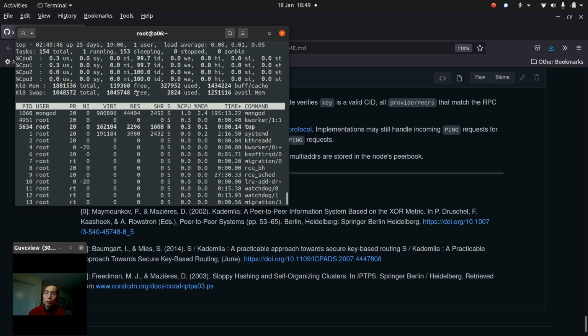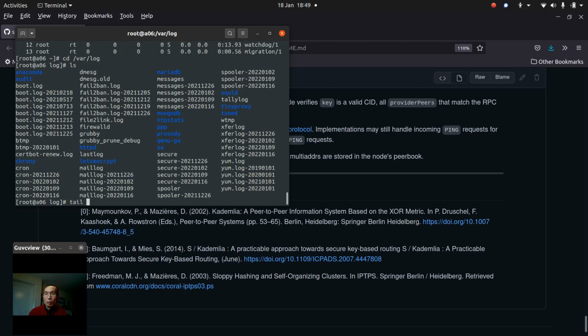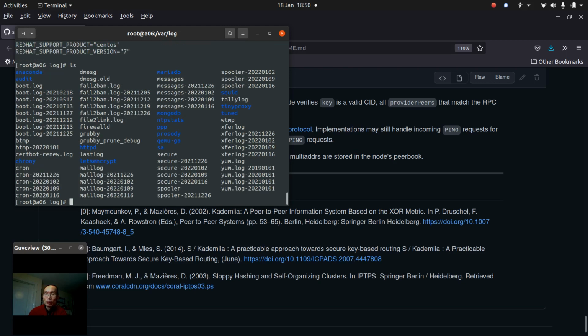Now this is normal. So the third thing, I would take a look at the log. Depending on which distro you're running, I think this one is CentOS 7, pretty old. Not too old, but one generation older. Now CentOS is end of life, so yeah, I could upgrade this.